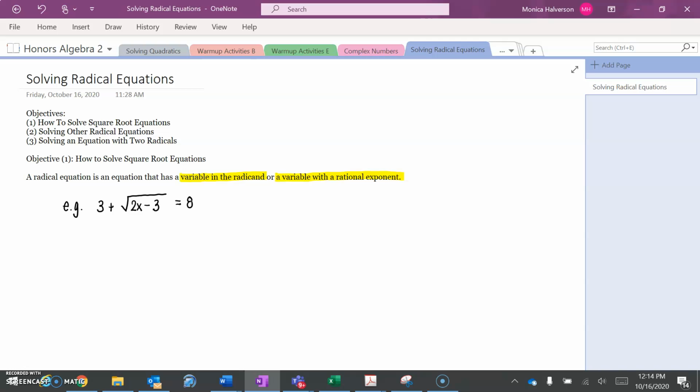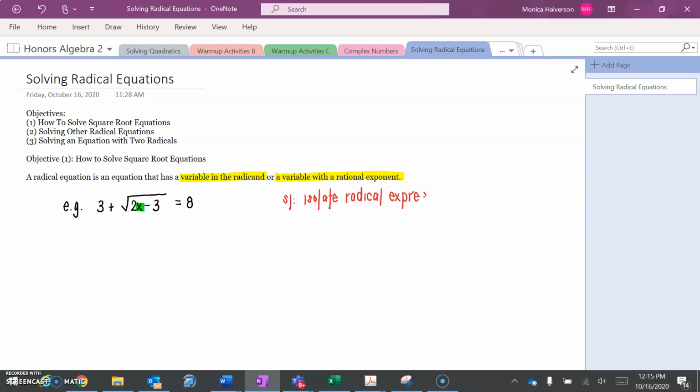Now, the key when doing these types of equations is recognizing what we're trying to solve for. We're trying to solve for x, but x is underneath the square root sign. So it's not that easy to isolate. So what are the steps in doing this? Well, step one is we need to isolate the radical expression.